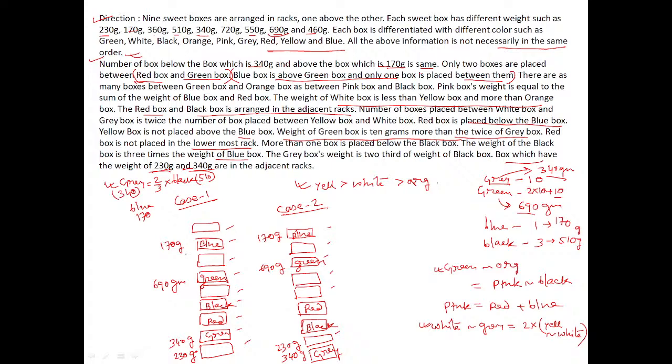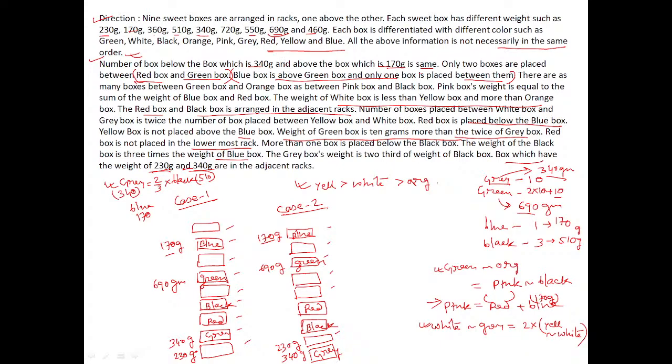Now, red and blue, as we have already found the weight of the blue box. So here it's 170 gram for blue. What could be the possible weight of red, so that we can find out the pink weight? Let's see. If 170, 230 sums up to 400, not given in the set of weights given there.